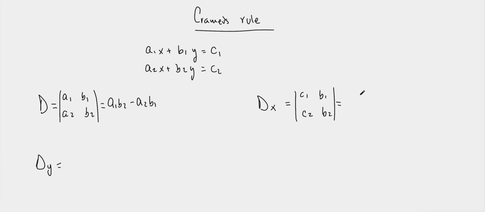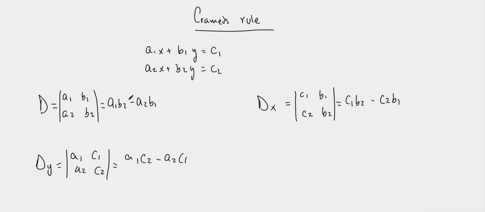This is going to be equal to C1 times B2 minus C2 times B1. And the determinant of Y is going to be A1, C1, A2, C2, which is going to be equal to A1 times C2 minus A2 times C1.